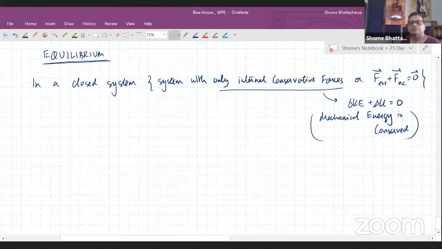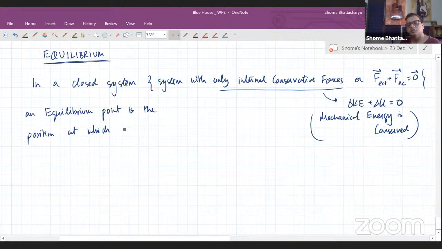In such a system, an equilibrium point is the position at which acceleration is 0. That means the internal conservative force is 0.